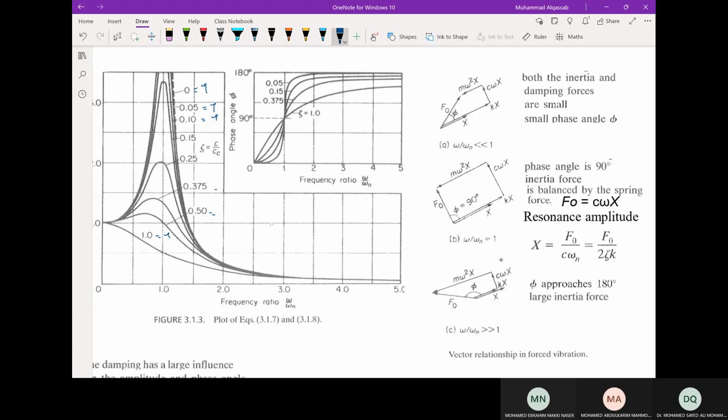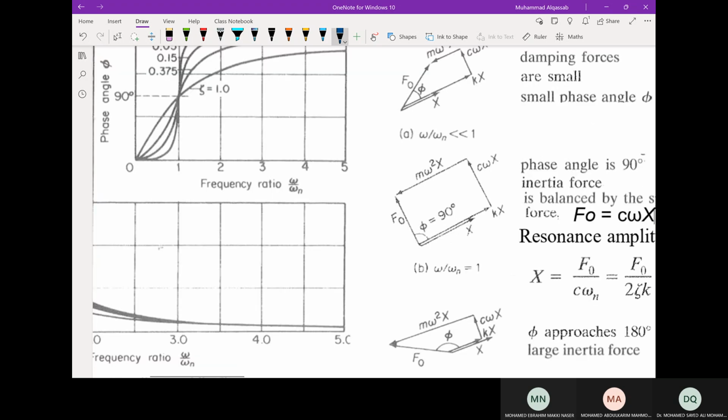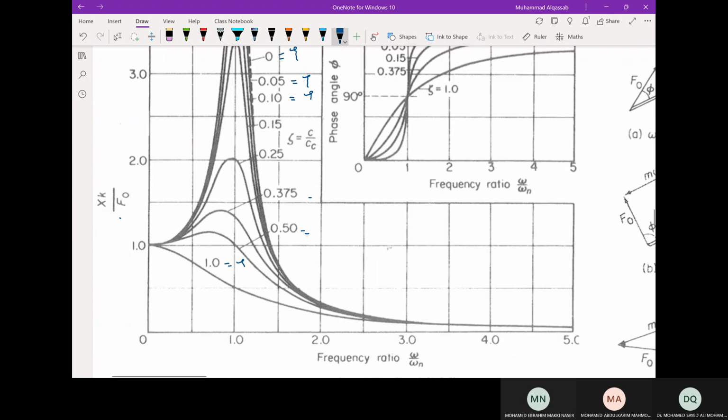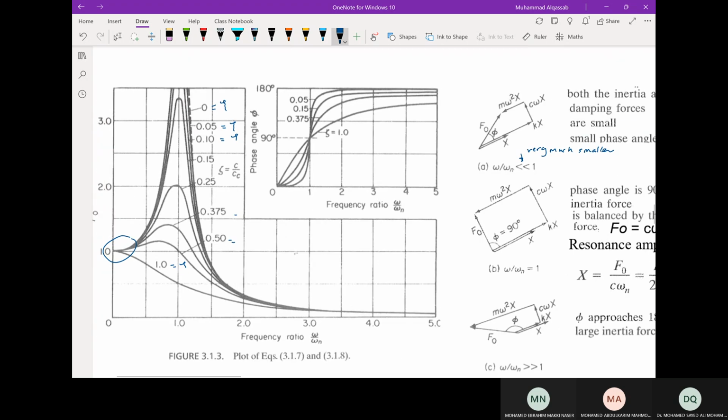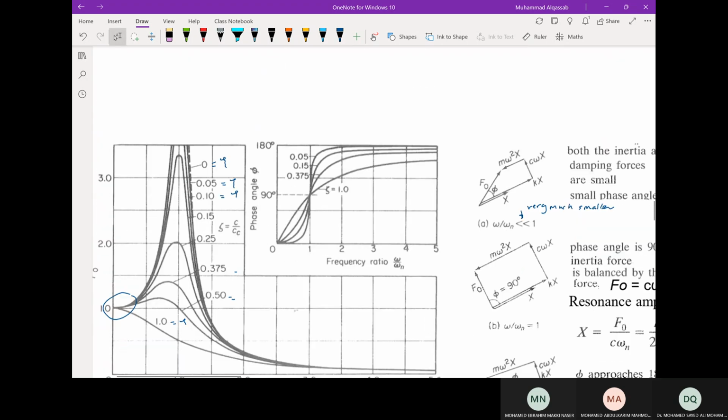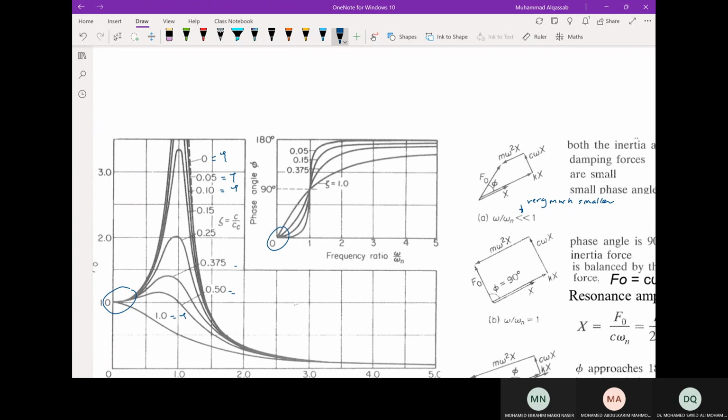Now, if it is very much smaller than 1, this symbol means very much smaller, which is very close to 0, somewhere here. All curves are almost the same in this range, and the phase near 0 is almost 0.